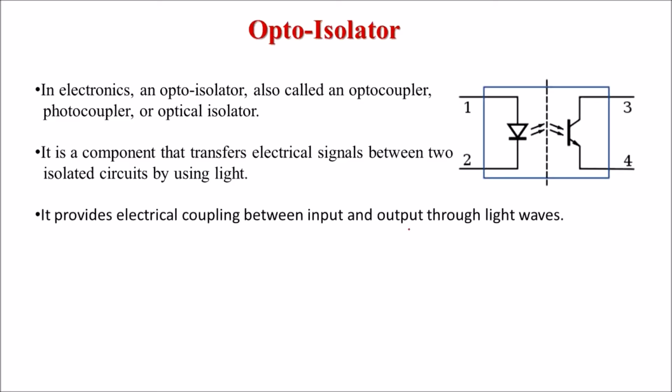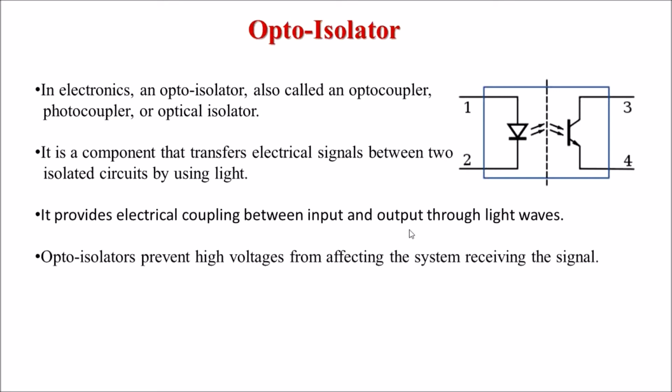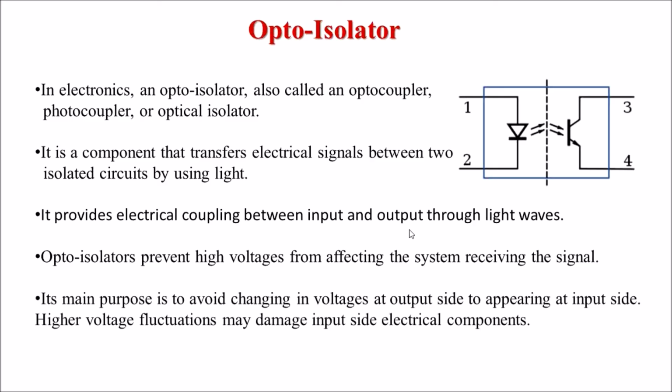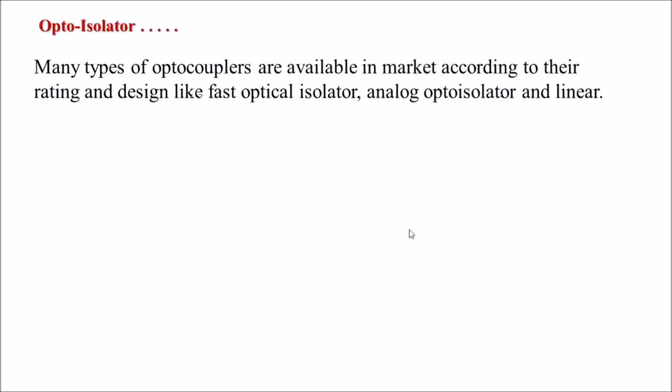It provides electrical coupling between input and output through light waves, and it prevents high voltages from affecting the system receiving the signal. Its main purpose is to avoid changes in voltage at the output side appearing at the input side. Higher voltage fluctuation may damage input side electrical components. So this circuit avoids damage of the lower voltage circuit from the higher voltage circuit.